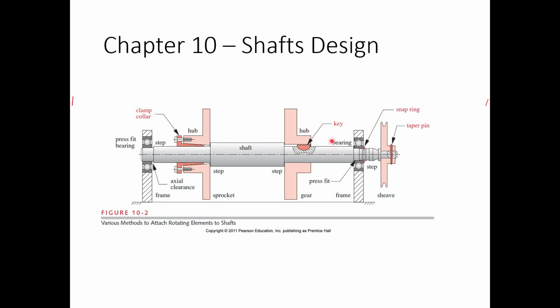Why do we need shafts? Why are shafts mainly used? A simple answer to that is that shafts are used to transfer or transport power from one location to another.